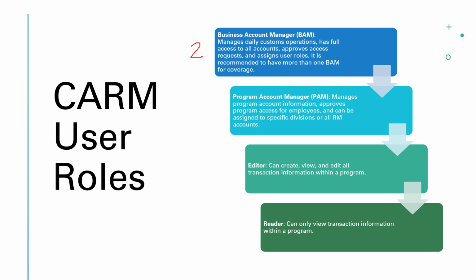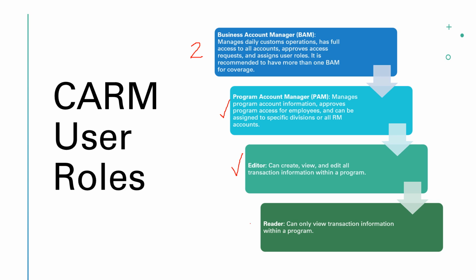Then comes the program account manager, which has a lesser level of authority within the CARM portal. It will only manage certain programs within the portal. Then you have roles such as an editor. An editor can be someone that can create, view, and edit all the transaction information within a program.